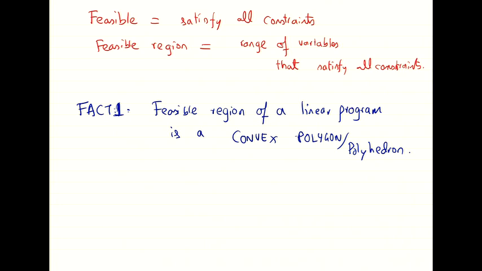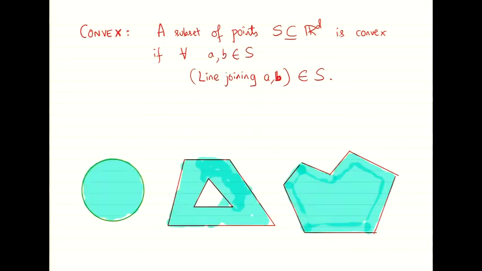Let me just define what convex is. A set of points is convex if you take any pair of points in the set, the line joining them is also part of the set. So a hollow shell is not convex, because if I take 2 points in a hollow shell, the line joining them goes through the interior, and so it's not part of the set.